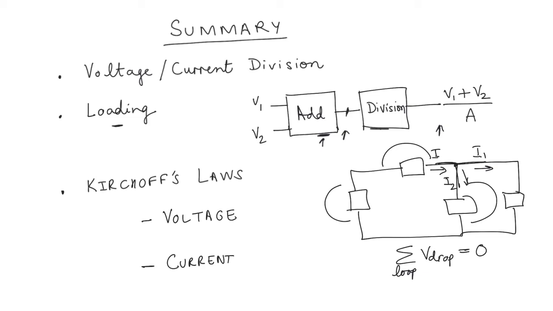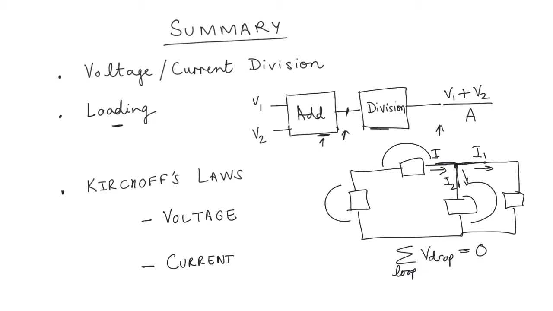That is basically the property of the fact that a node cannot act as a current sink. That is, it cannot take current and store it and keep it. All the current that is coming into a node has to go out. What do I mean by node? A node is basically a point where three or more branches, which are paths for the current to flow, come and meet together.